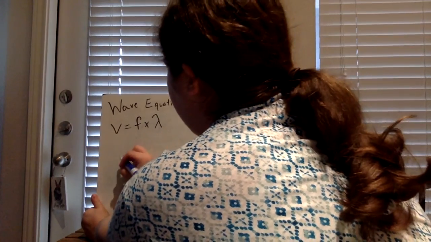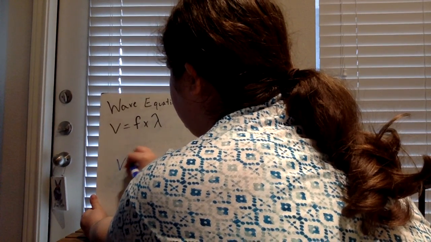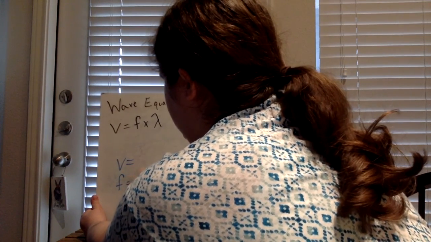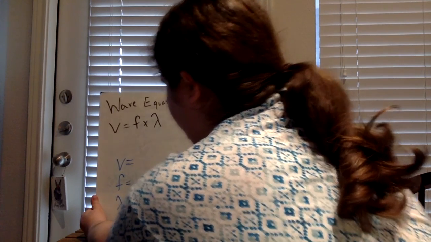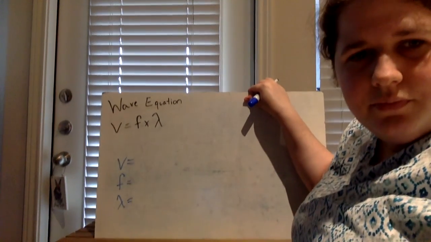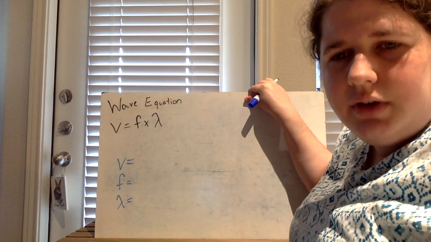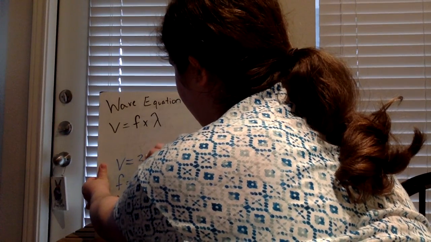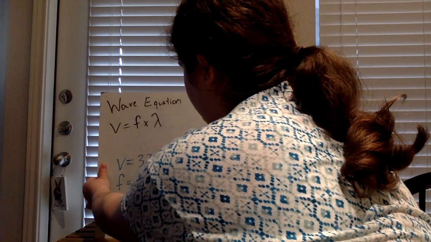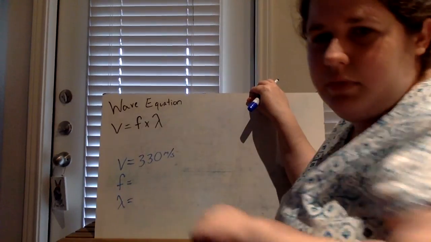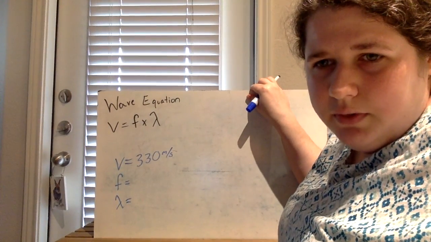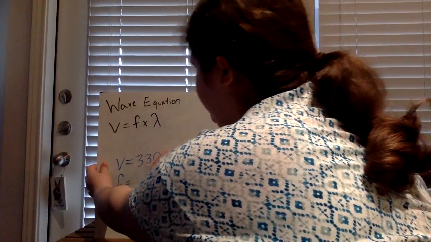Again, we're going to start out by writing down my variables: V, F, and lambda. Okay. So a sound wave travels with a velocity of 330 meters per second and has a frequency of 500 hertz.